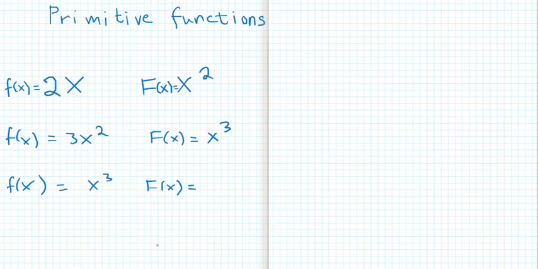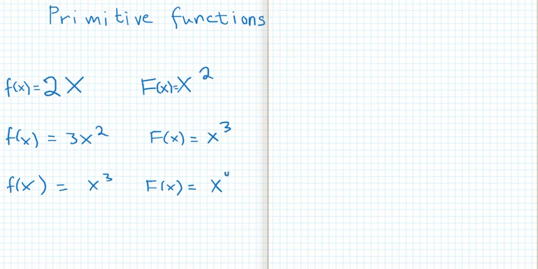Okay, so we can see that since it's a 1 here, actually, but we don't write it out, it's a 2 here. The primitive has a 2 here. Here the function is 2, we have a 3 here. So 3, we have a 4. So probably the exponent is going to be x to the power of 4.